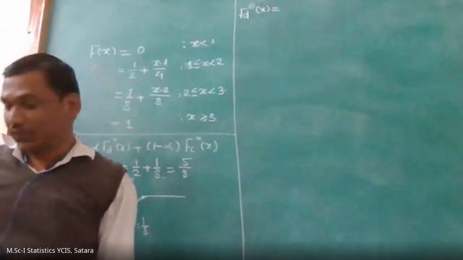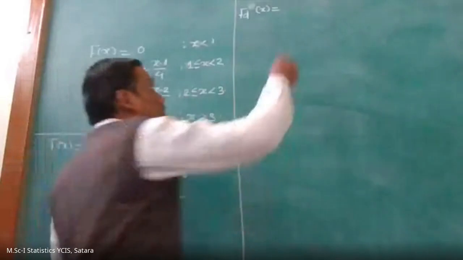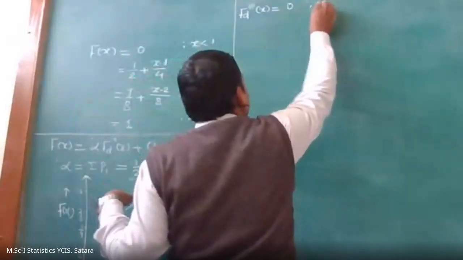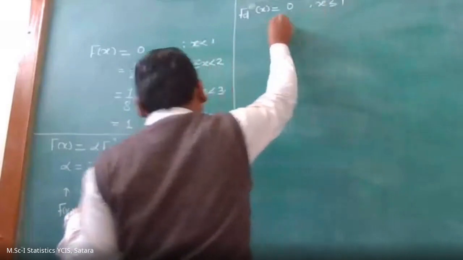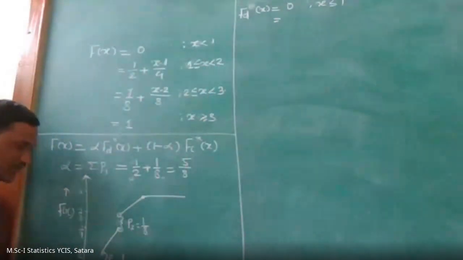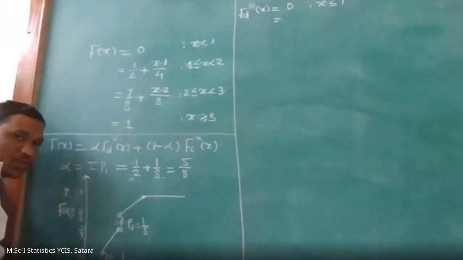Therefore fd of x is equal to 0 for all the values x less than 1. Then सगळ्या x is less than 1 च्या व्हॅल्यू साठी व्हॅल्यू किती आहे त्याची, तर 0. फॉर 1 to 2 मध्ये नंबर ऑफ जंप पॉइंट्स किती आहेत? Here we have to get the 1 by 2.